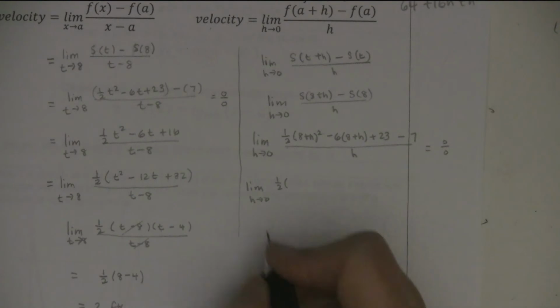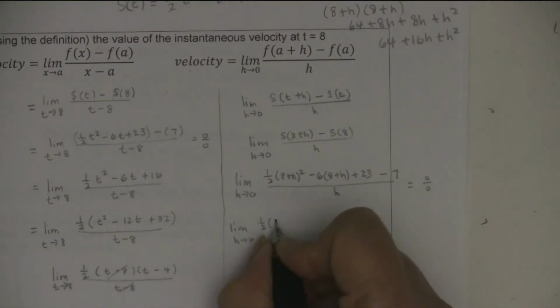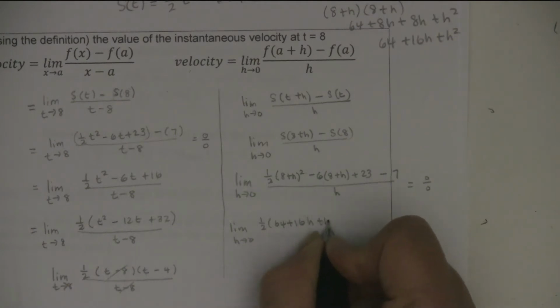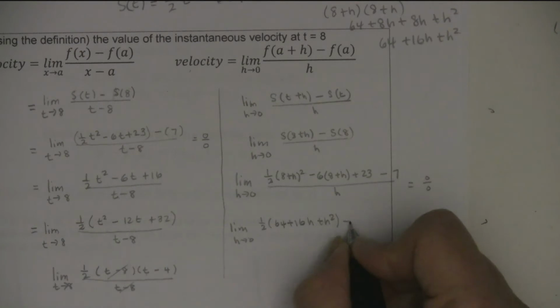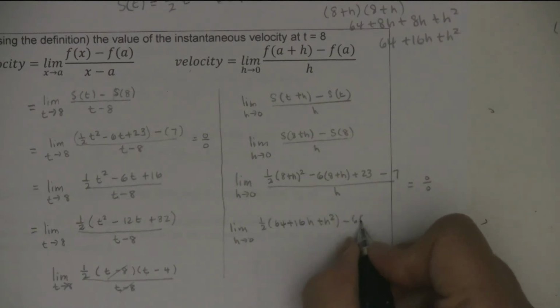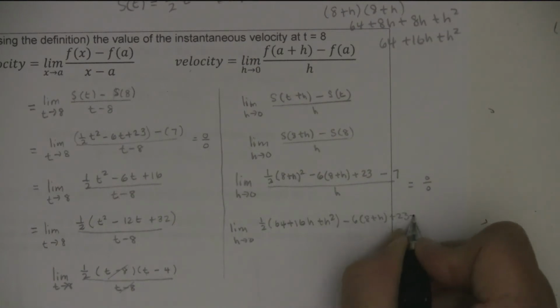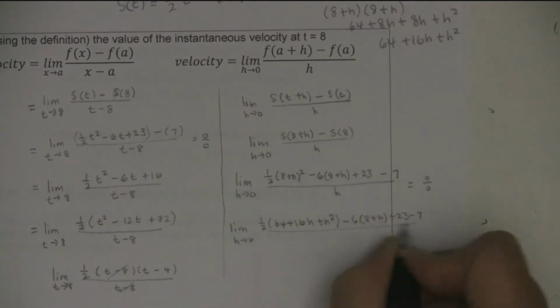I don't want to muck up my work here. Order doesn't matter. 64 plus 16h plus h squared, right? Minus, and then I'll do all the multiplies. You can multiply that if you want. Plus 23 minus 7 all over h.